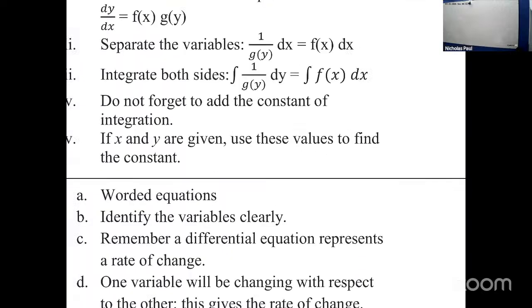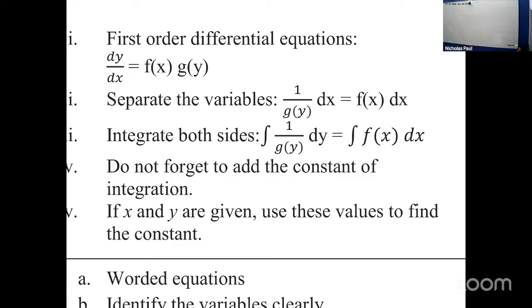And then we're going to look at differential equations. I think I showed you this last week. I think I showed you how to separate the variables last week, right? So you bring the dy on one side and you bring the dx on the other side.